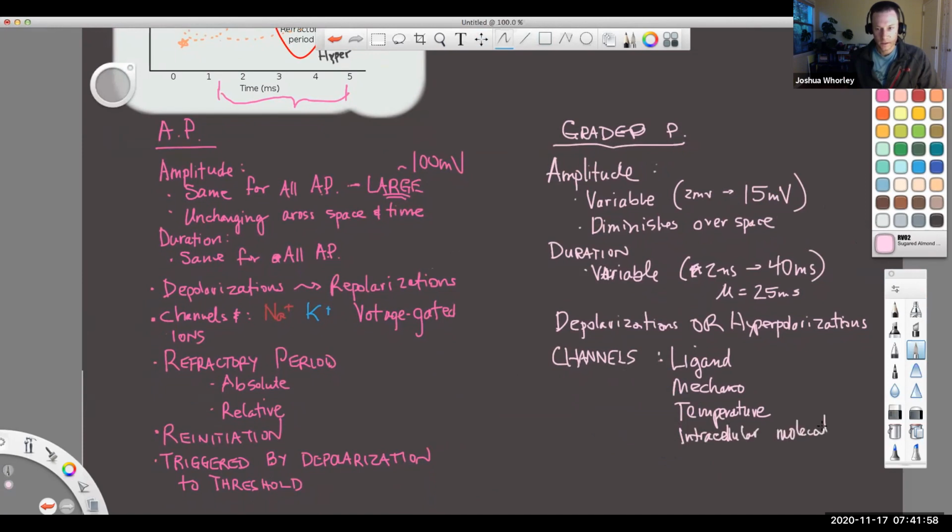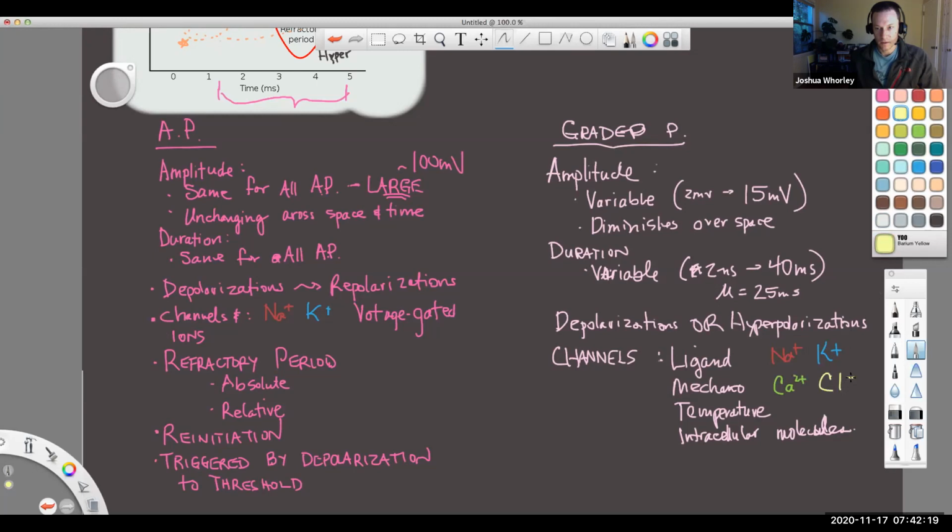Okay, so those are the different things that can open the channels, but in terms of the ions responsible, these can be sodium channels, potassium channels, calcium channels. They can even be chloride channels.